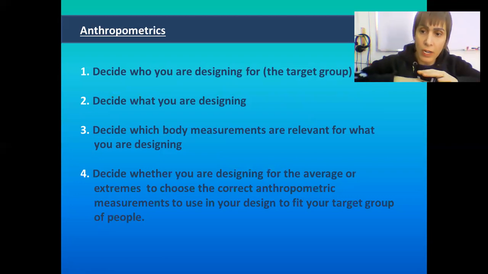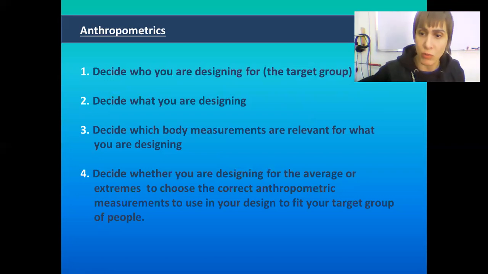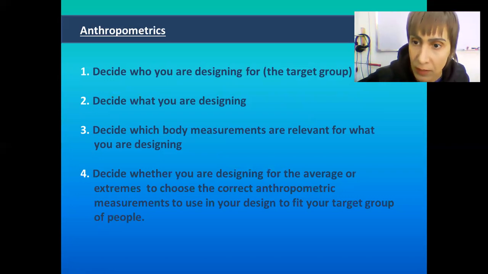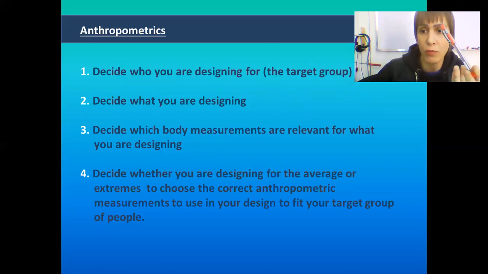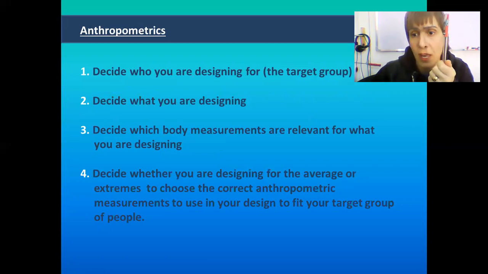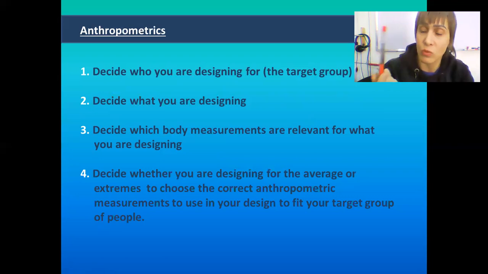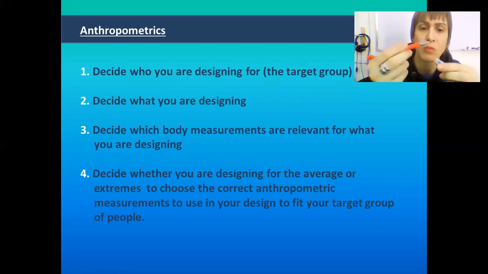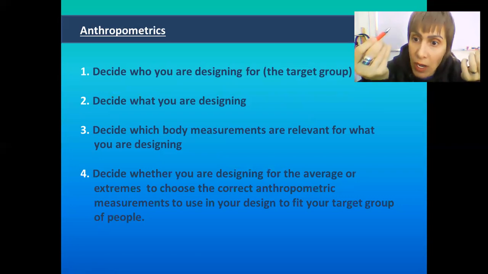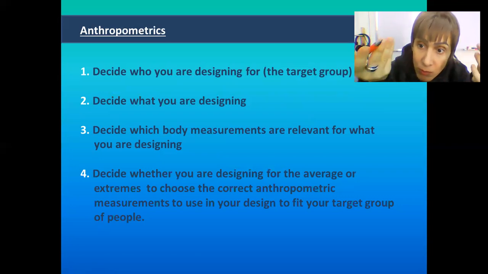And sometimes you're trying to cover as many people as possible for your design. Like if you're designing this pen, for example, this is for as many people as possible. So you will see this exact pen, everybody in Jordan using it, okay? And outside of Jordan, the same. So when the designer designed it, he had to take into consideration the maximum amount of people that would fit size-wise to be able to use this pen.